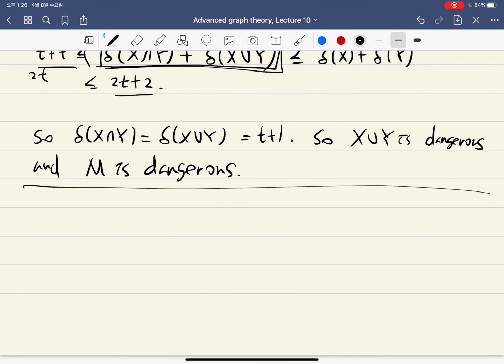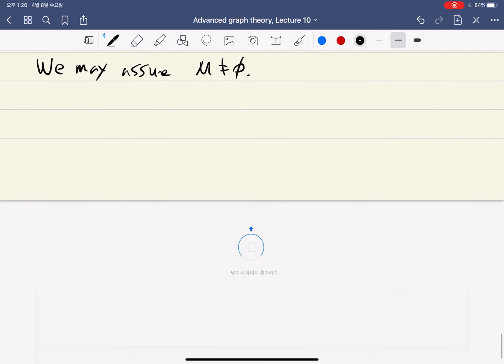So now we want to show that there exists some vertex which M omits. So if no sets are dangerous, then you can choose any V. Then UV shortcut of G works. So we may assume M is not the empty set.